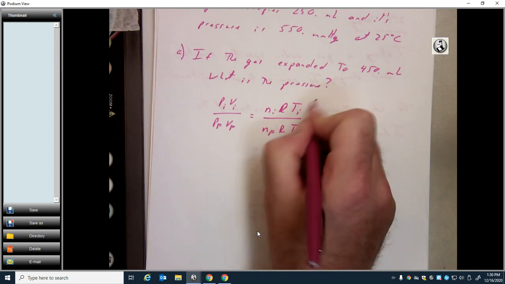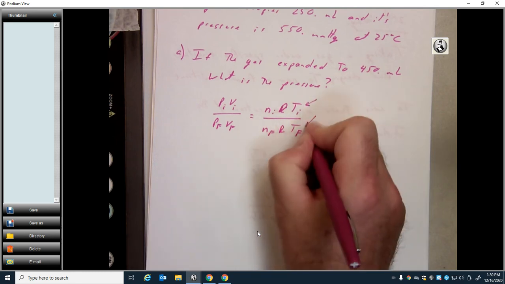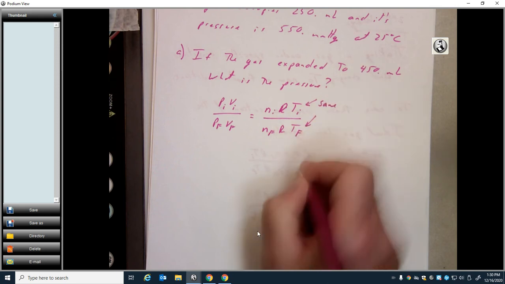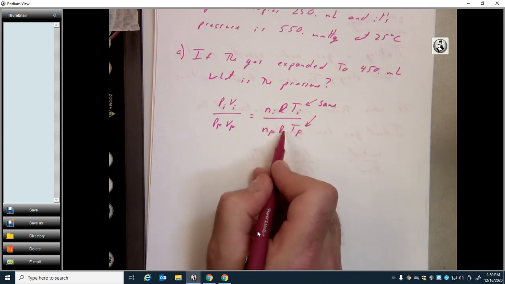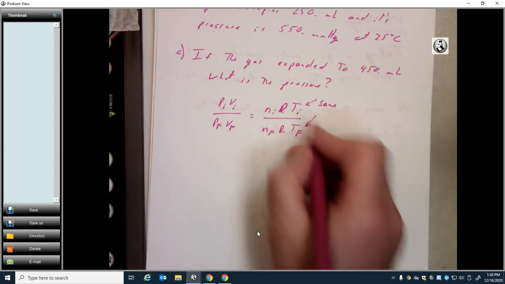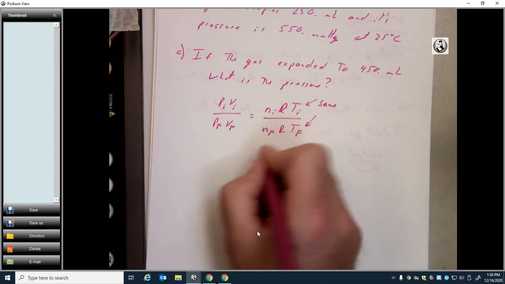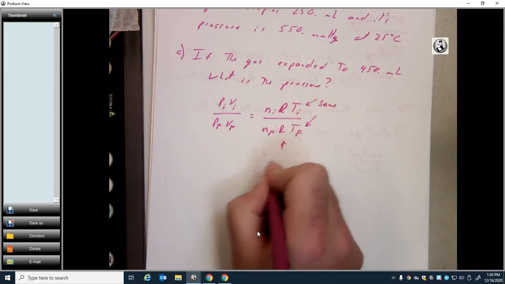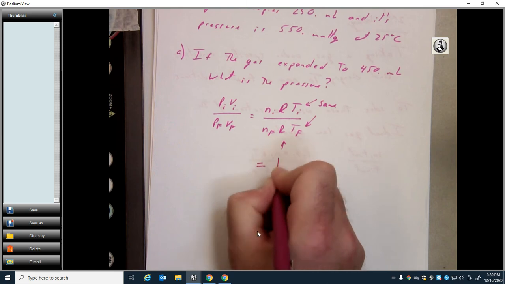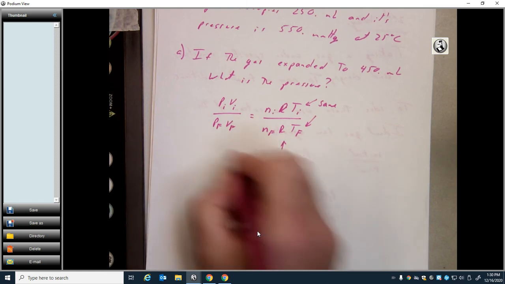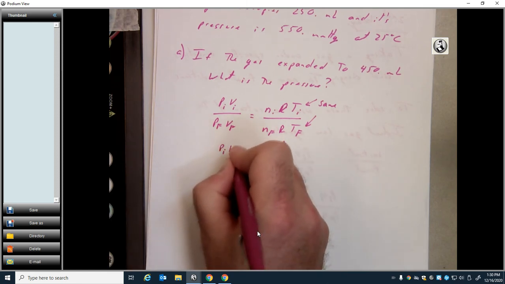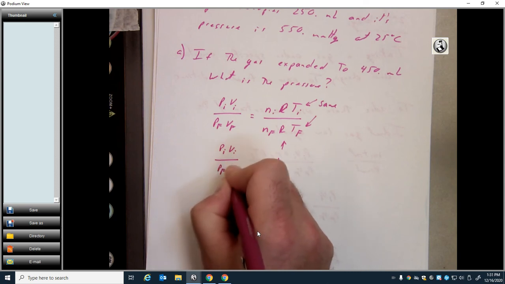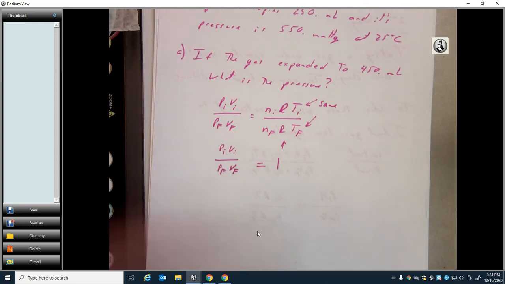So if these are the same, that means this whole thing has to equal 1. So P initial V initial over P final V final equals 1.